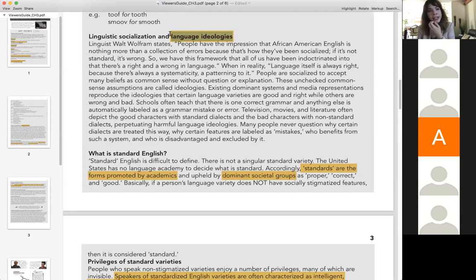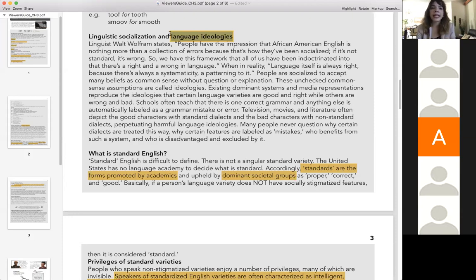It's actually quite subtle and difficult to prove in a lot of cases, but linguistic discrimination is a reality of our world, all right? So, for example, right now we're just talking about the United States, but we could be talking about this within the context of Puerto Rico. But this film is within the context of the United States.